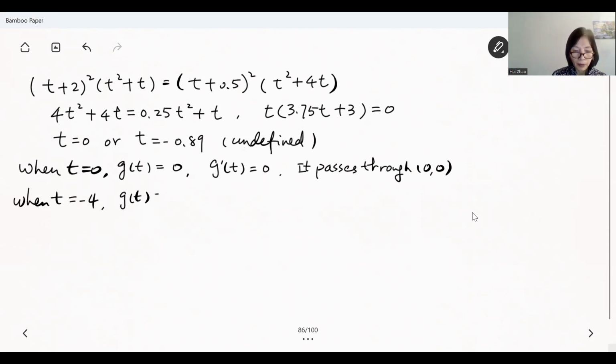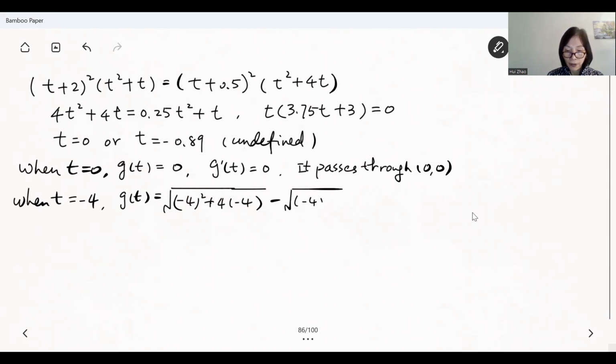The g(t) equals, here is negative 4 squared plus 4 times negative 4, and minus the square root of negative 4 squared minus 4, right?